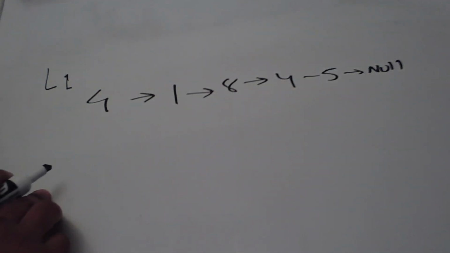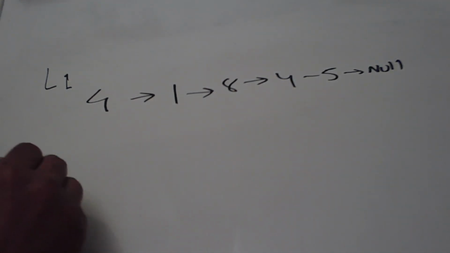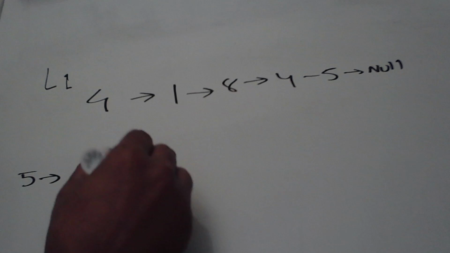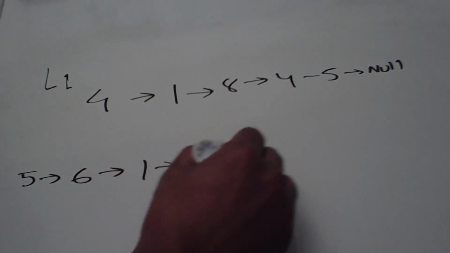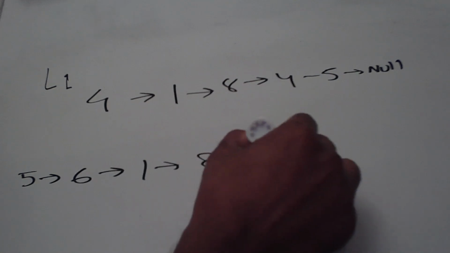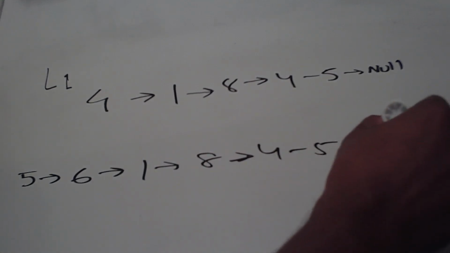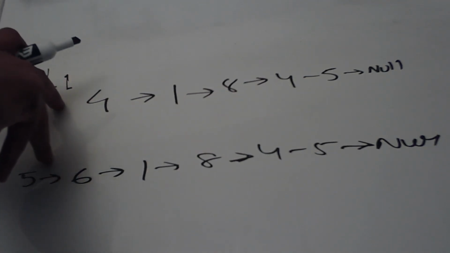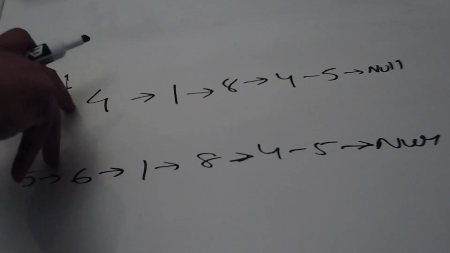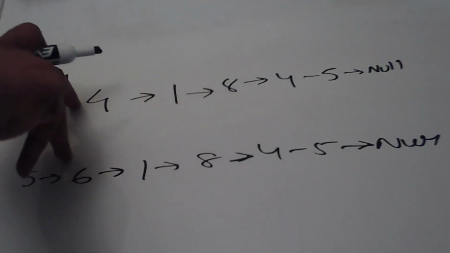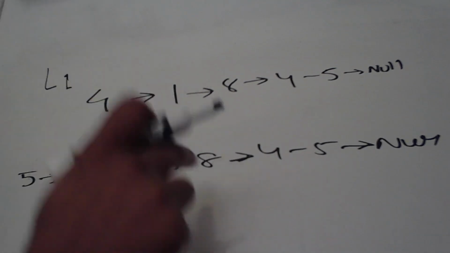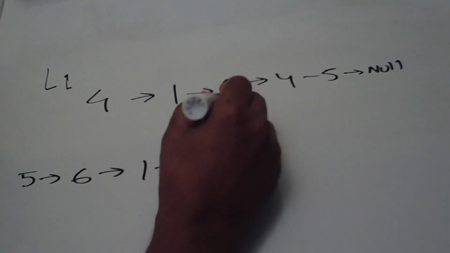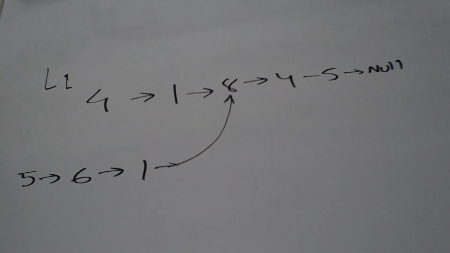Another list will start from 5, going to 6, going to 1, going to 8, going to 4, going to 5, and going to null. Since the question says the two linked lists have an intersection, those are not two independent linked lists. Here we can take it out, and this one pointer can go to 8. This is how it happens, right?